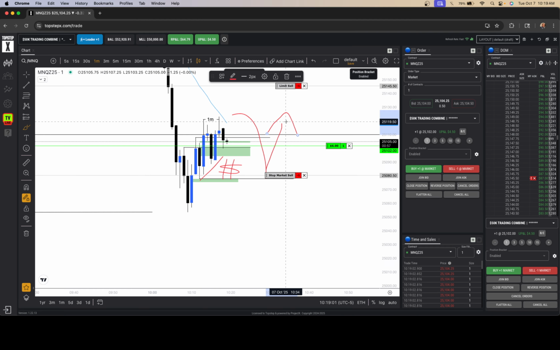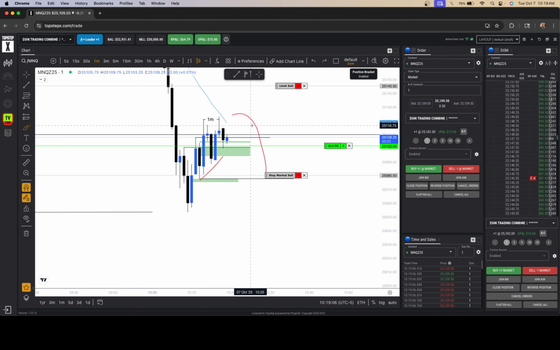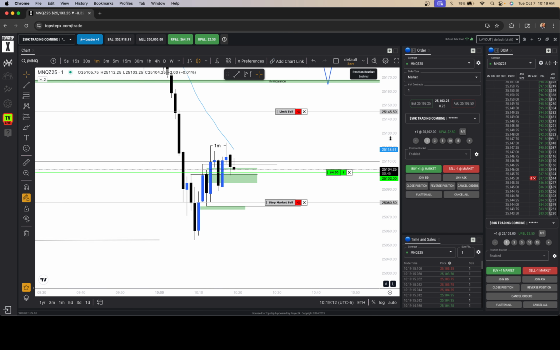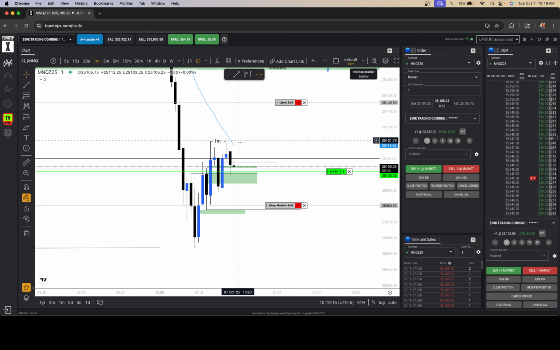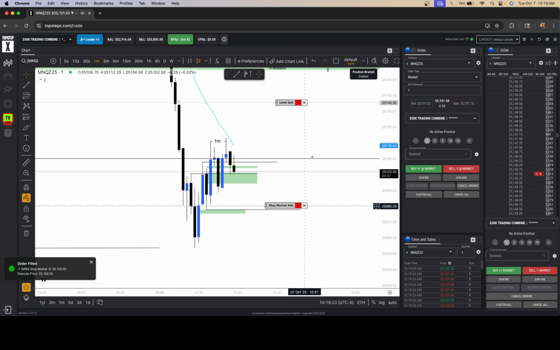This says government can't be manipulated for the most part, reflect the true state of the economy. Oops. So I'm trying to get into the positions with minimal risk. Order filled.